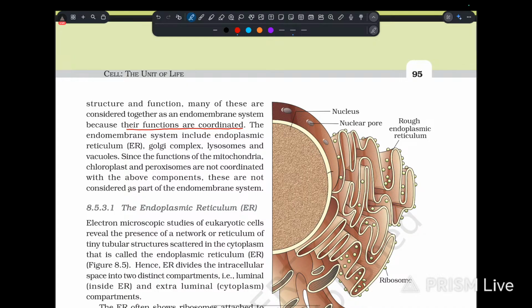The endomembranous system includes the endoplasmic reticulum, Golgi complex, lysosomes, and vacuoles. Since the functions of mitochondria, chloroplast, and peroxisome are not coordinated with these components, they are not considered part of the endomembranous system.